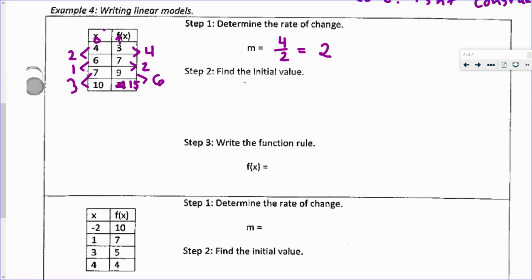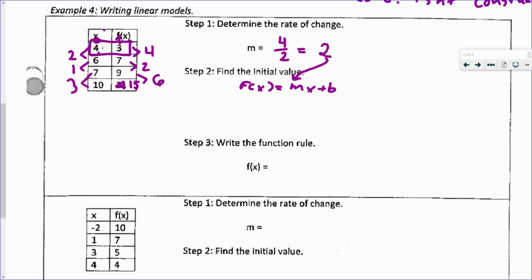I'm going to take the equation f of x equals mx plus b, and I'm going to plug in what I know. I know m is 2. And from my table, I actually know a bunch of x and f of x values. So I'm going to pick 1 point from the table. I could pick any of them. I'm just going to pick 4 and 3.